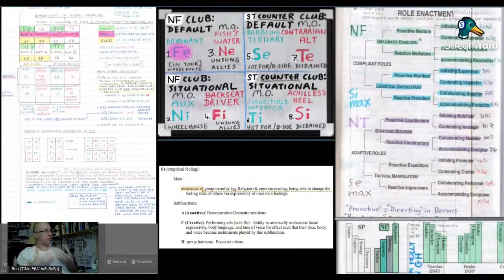And so in terms of functions, there's a matchup there because you've got FE with NI, and NI has that vision of direction, a true path. And when you know the direction, that lines up with someone being directive. It's difficult to be directive when you've not got a direction.